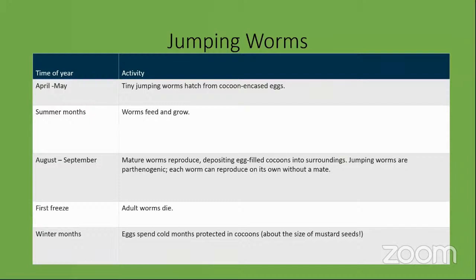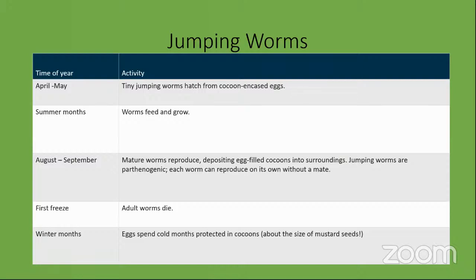Their life cycle: the tiny worms hatch from the cocoon eggs in the spring of the year. They take a while to grow. They feed and grow for the summer months, and you probably won't see a lot of evidence of them until the middle to the late summer. At that point, the worms are mature, they reproduce, they deposit their cocoons into the surroundings.